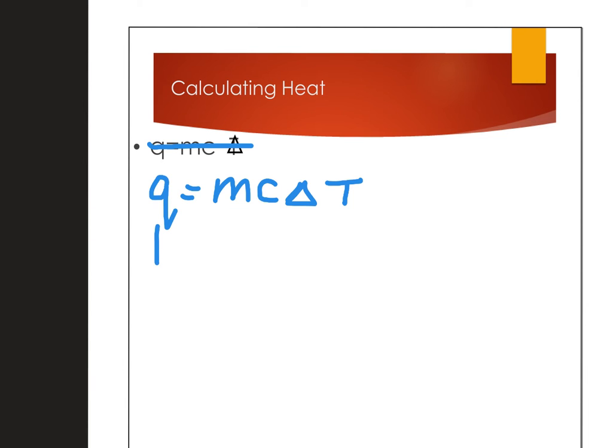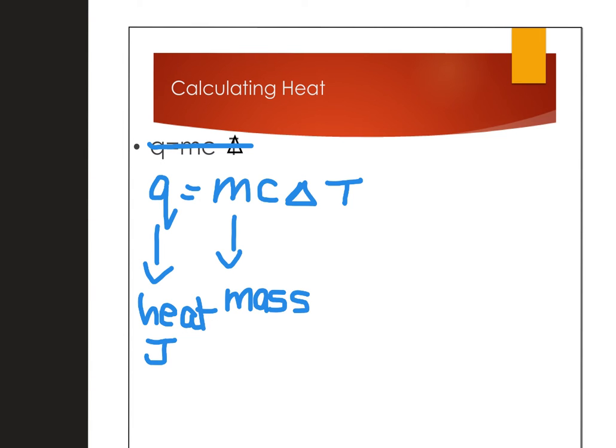So Q is equal to heat and this is measured in joules. Your m is your mass. Your c, we just talked about, is your specific heat.